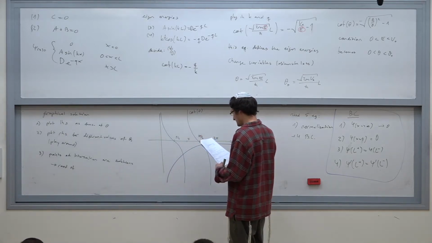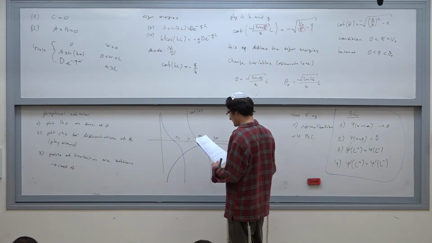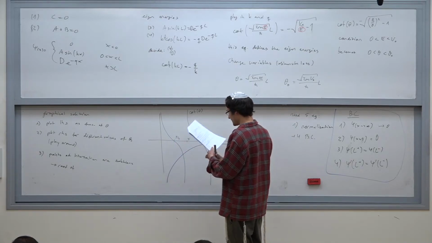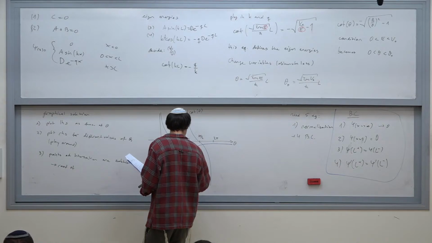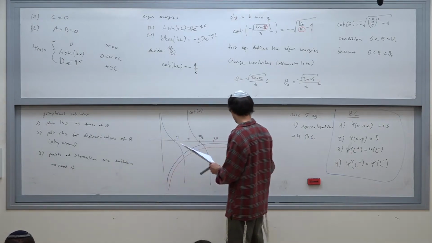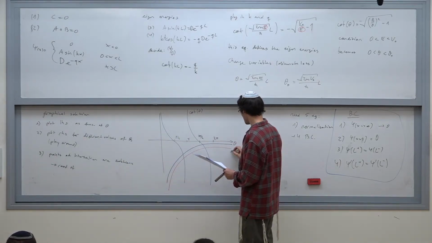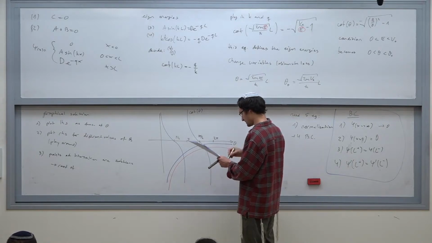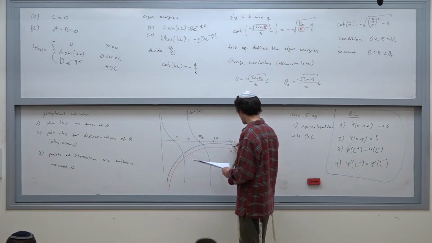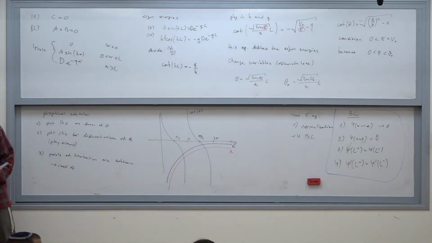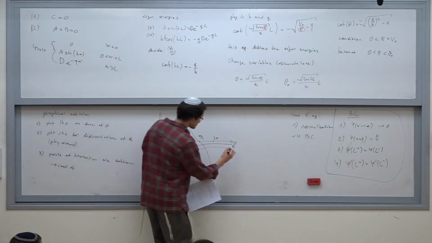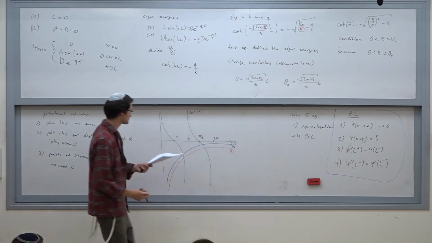This is for some theta 0, and if you make theta 0 larger, it just goes over here. So in the red case, theta 0 is larger. In the purple case, we'll try to indicate that. So this is larger than that.